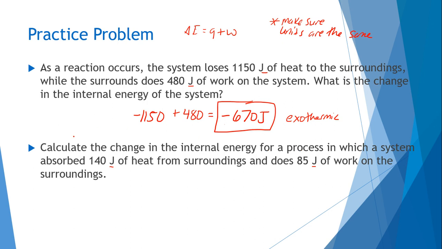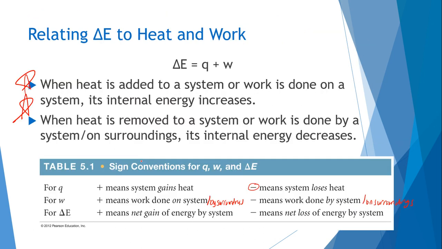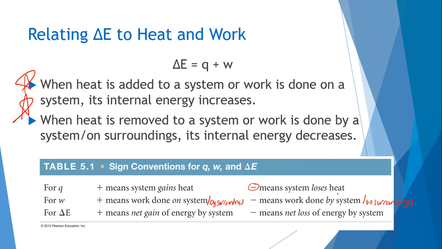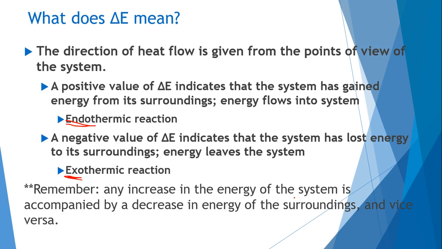It says the system absorbs heat. So if you absorb heat, you're gaining heat, that value is going to be positive. So positive 140 plus, here it says it does work on the surroundings. So if work is being done on the surroundings, this is going to be a negative value.